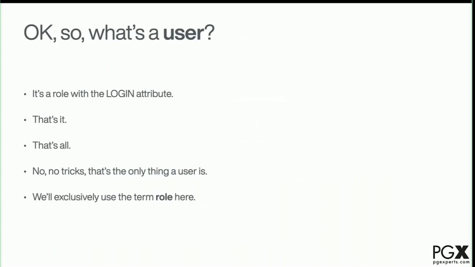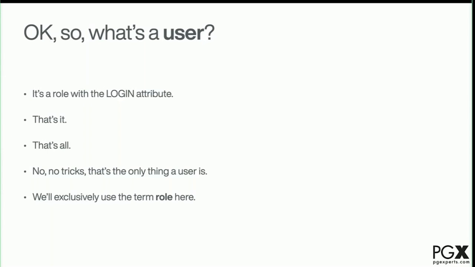Okay, so we'll see the word user used a lot. There is a create user command in Postgres. We talk about users logging into the database, but the only thing a user is, is a role with a login attribute. That's it. There are no tricks. There's nothing else about a user that makes it a user. It's just that login attribute. So we're going to use the term role for everything exclusively here.